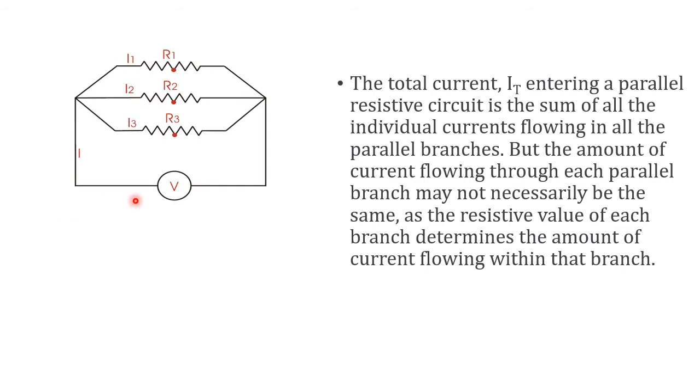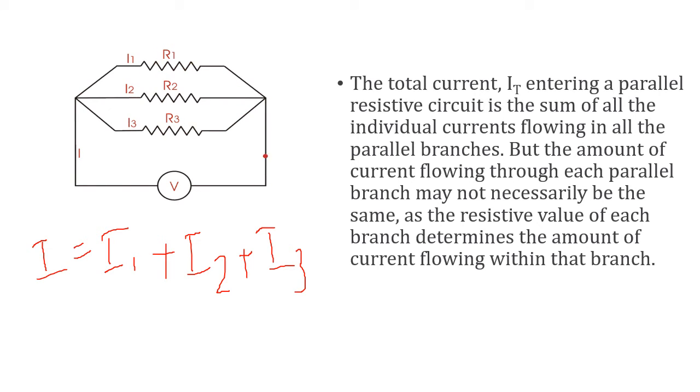For an example, here the current I is equal to the sum of all the individual currents flowing in all the parallel branches. Therefore, I will be equal to, here the current flowing through R1 is I1, plus here the current flowing through the resistor R2 is I2, plus here I3.